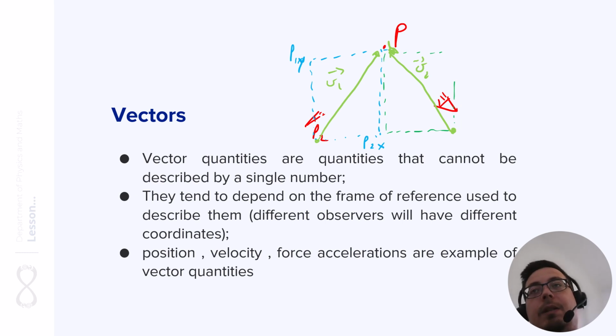Acceleration is the difference of velocity over time, and again velocity is a vector, so the difference of two vectors is a vector, and divided by time it is still a vector. And the force is mass times acceleration, so as we'll see, it's another vector. So vectors need more than one number, and they depend on the observer.